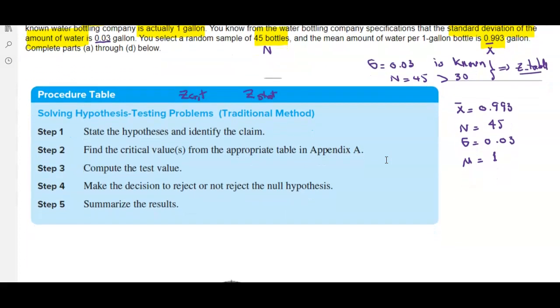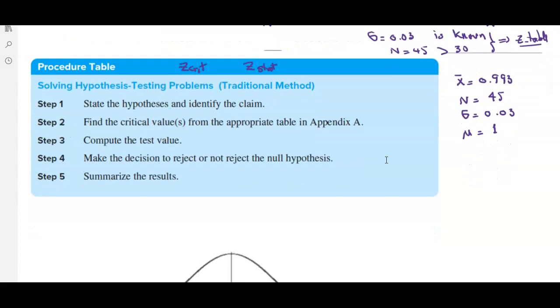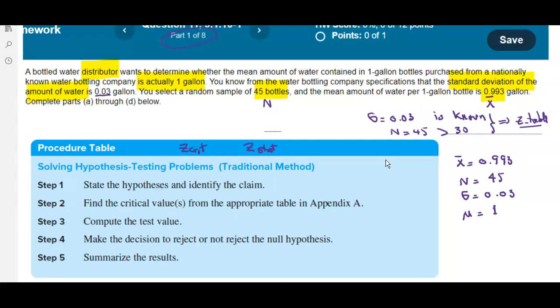We want to state the hypothesis testing. So step 1. H0 will be, and you notice here that this is our claim, they use the word "is", which in mathematics will be an equal sign.